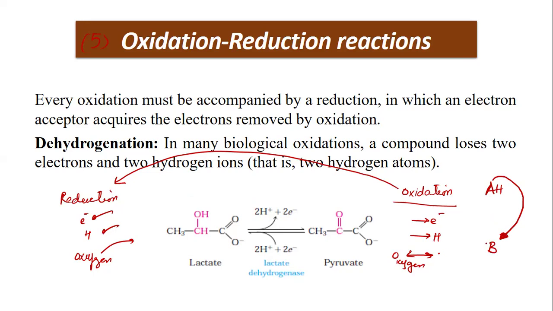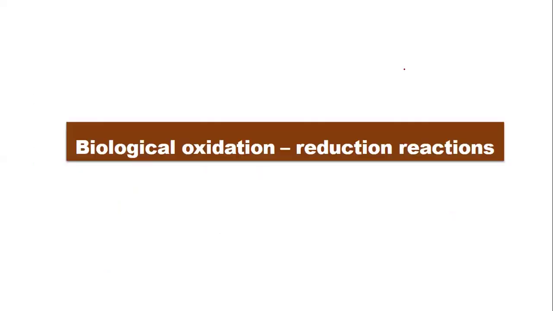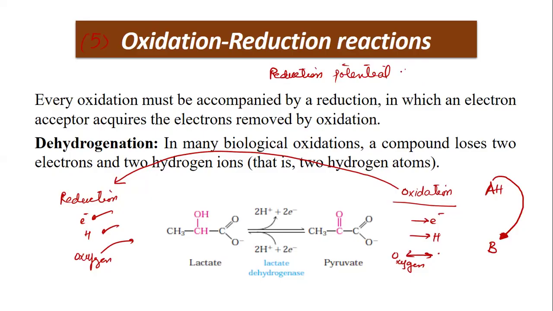It all depends upon their strength, their affinity for electrons, which can be calculated by their reduction potential. So any molecule having high reduction potential can grab the electron from another molecule. So if B has high reduction potential, when this B comes close to A, now A cannot hold this electron. This electron will be released and B will grab it.